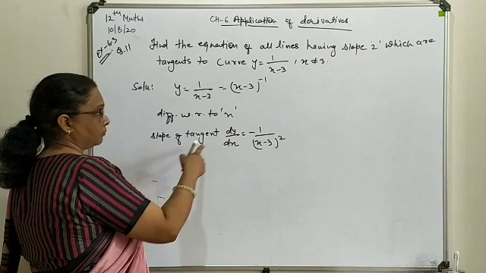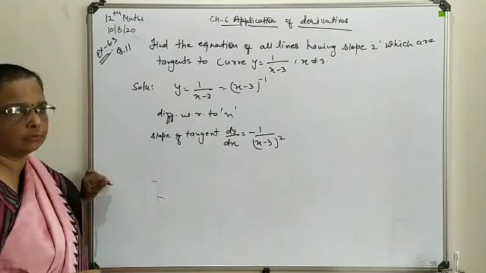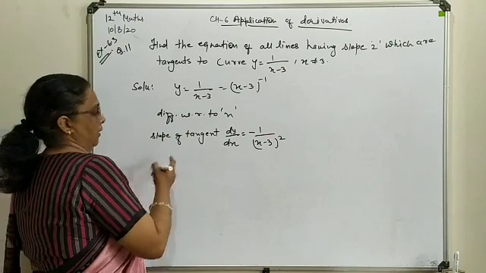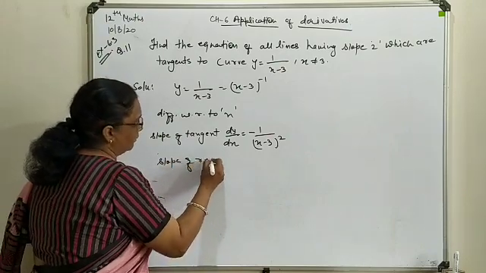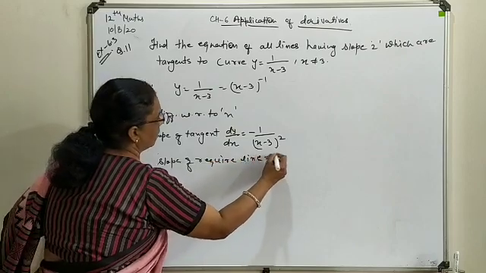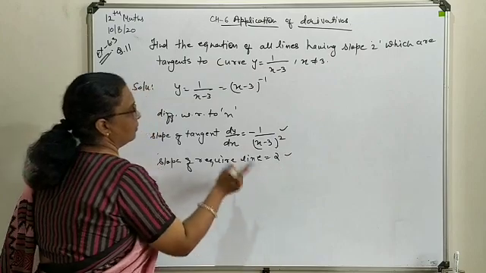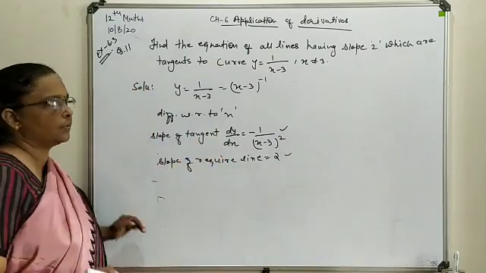Now here, the slope of the required line which we want to find has the value 2. The slope of the required line is equal to 2, and the slope of the tangent and the slope of the required line should be the same.